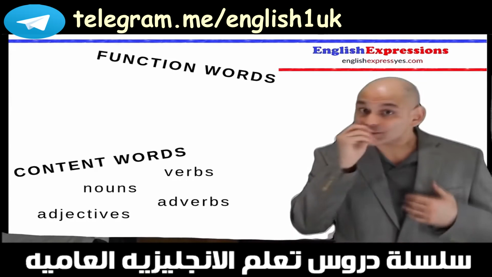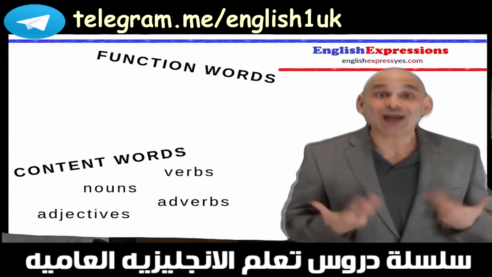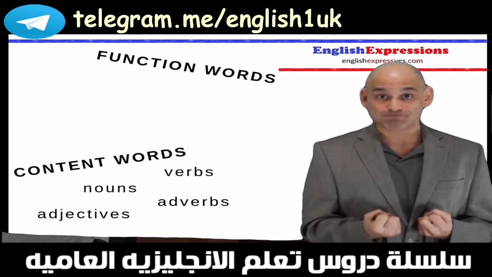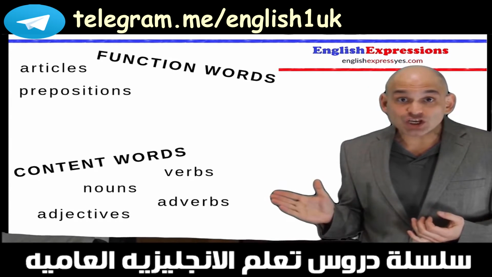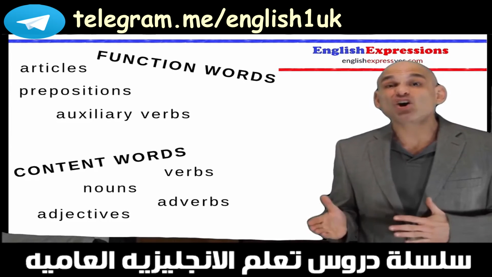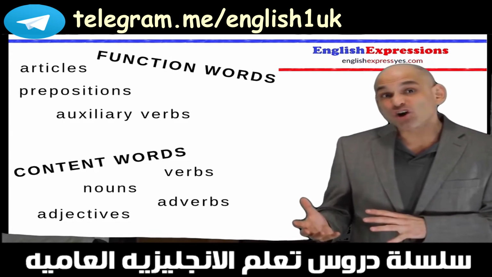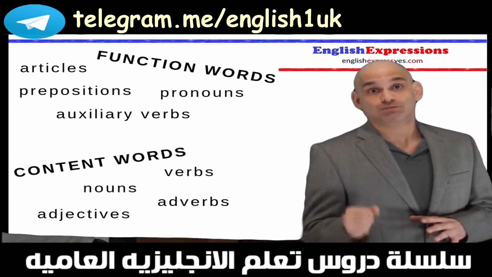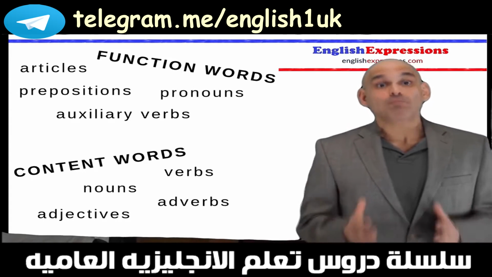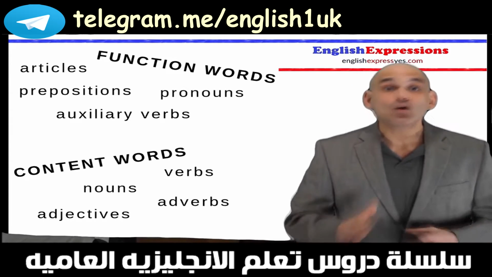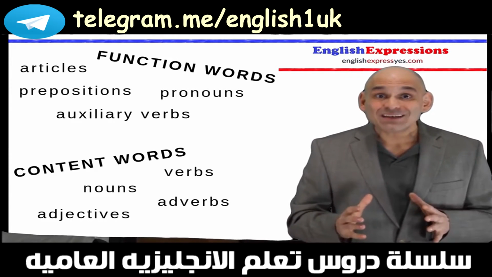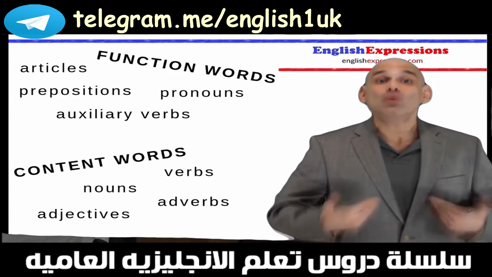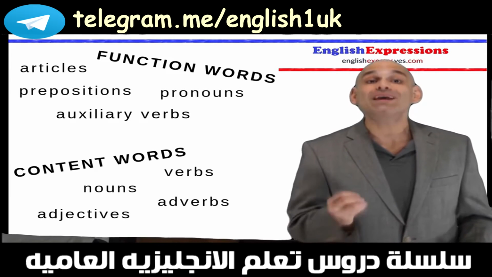And if we don't say them, we will still understand the meaning of the sentence. Function words include articles, prepositions, auxiliary verbs, which are like helper verbs, and pronouns. Why pronouns? Well, pronouns are nouns, but we do not need to say them fully, because when we use a pronoun, we know who we are talking about.